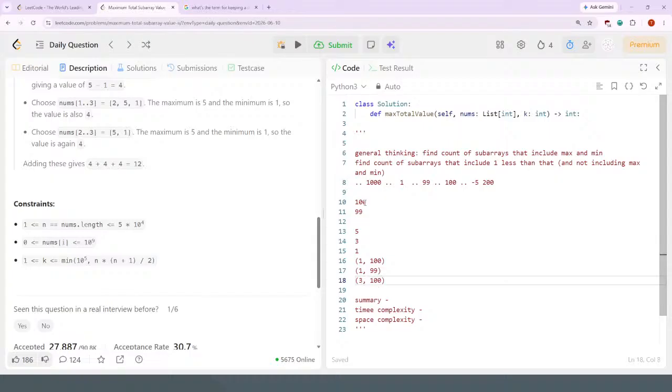Maybe the heap is the difference: 100, 99, 98, 97.